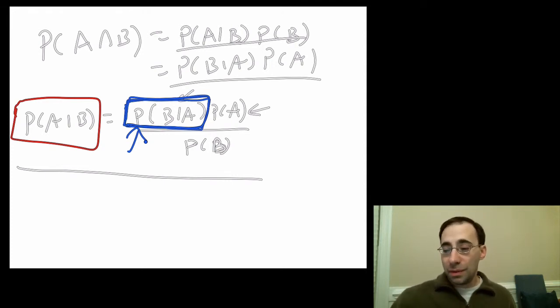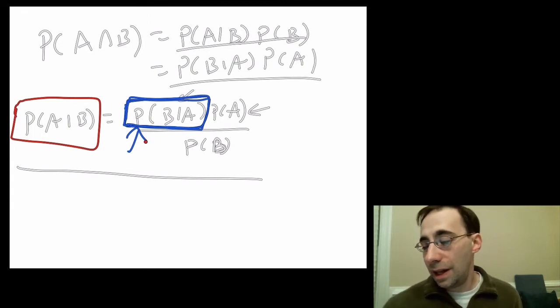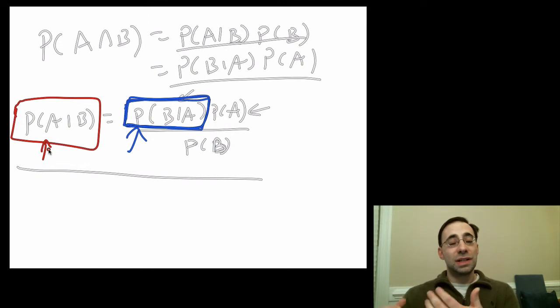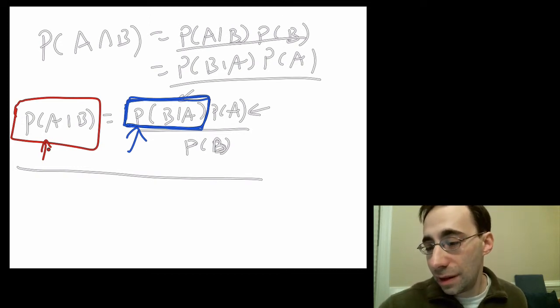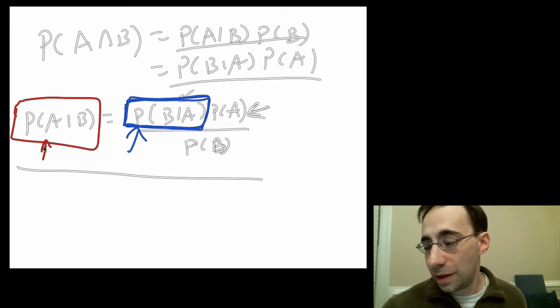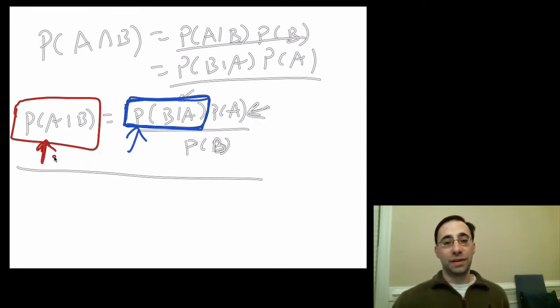The one on the left in red is the probability you want. It's the posterior probability that the person is type A given that you observed action B. And that's how you convert prior information over here into posterior beliefs over here.